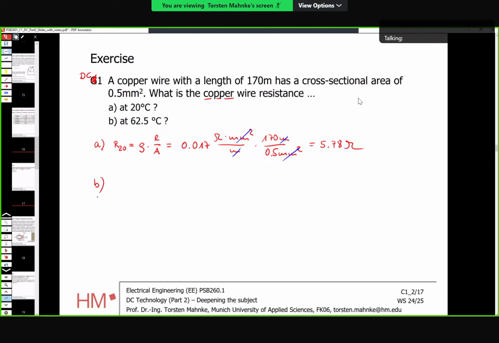Okay, does anybody else have a solution to B? Yeah? 13.27 ohms. That's a bit too much, I believe. It doesn't change that much, actually.